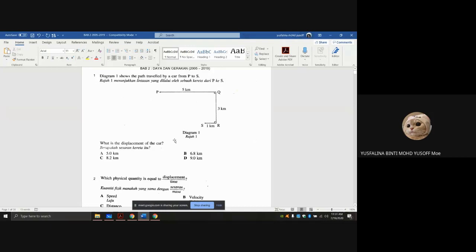Displacement, usually in this question, you have to find the shortest distance between P and S. So the shortest one is here, right? So what is the displacement from P to S?